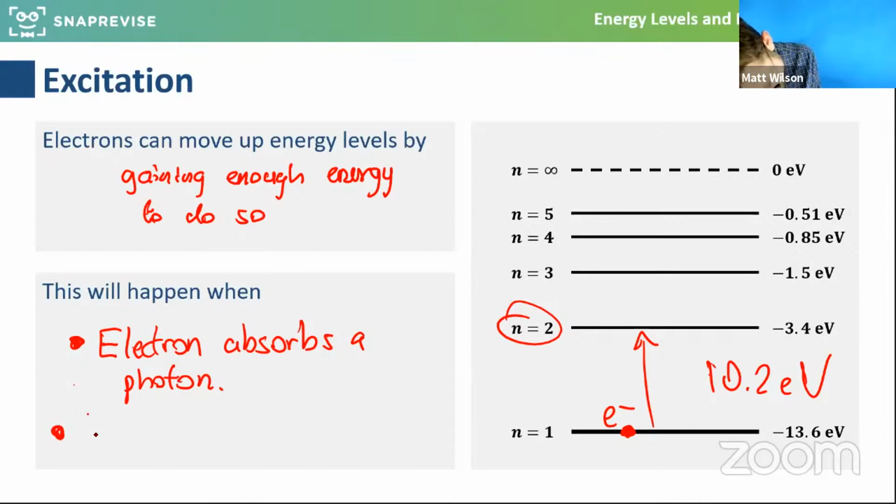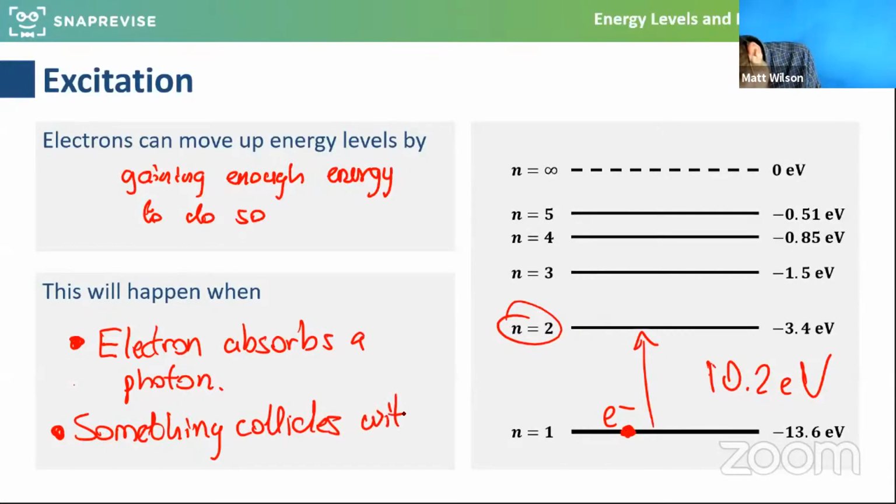The second is that something could collide with the electron. Absolutely right. So we need to absorb a photon if we're going to move from one energy level to another.